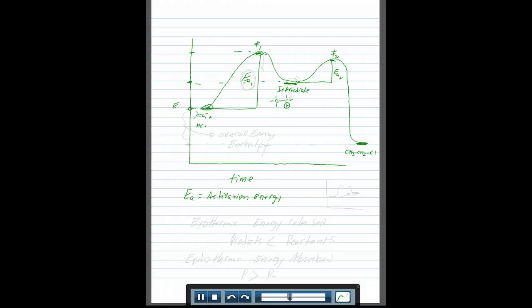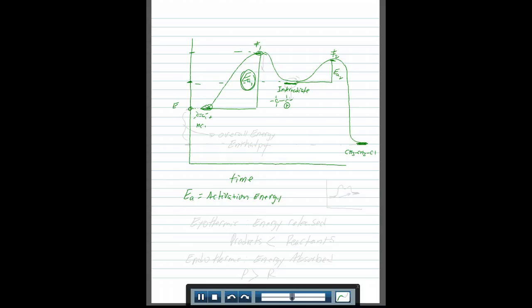Now, the speed of the reaction, the rate of the reaction, is based on how big E sub A is. If E sub A is so gigantic, your reaction needs a lot of energy for it to go. The reaction might not even have enough energy to go. Or it could be that the energy is pretty small and the reaction goes very, very fast.